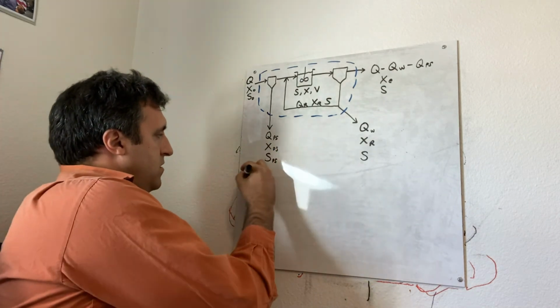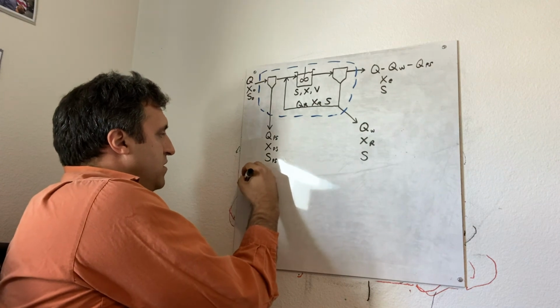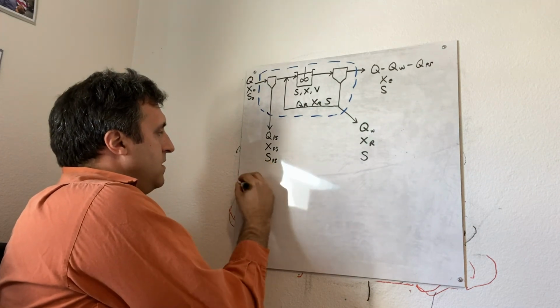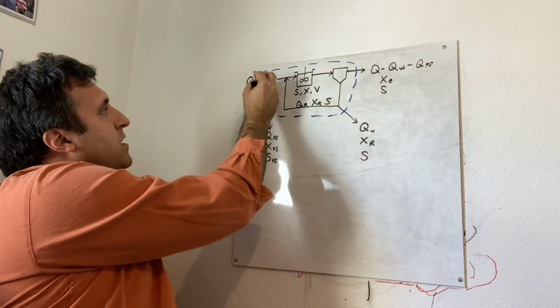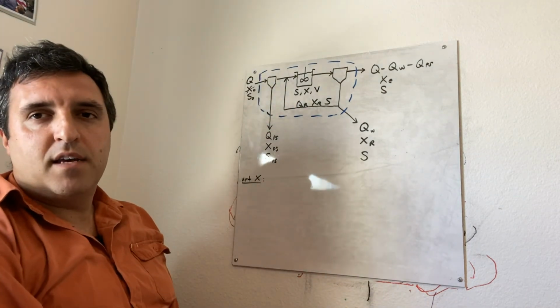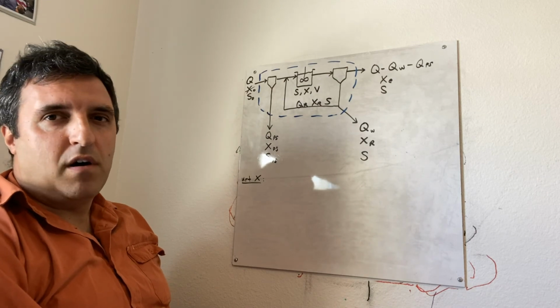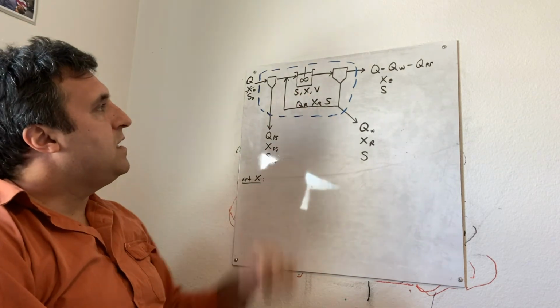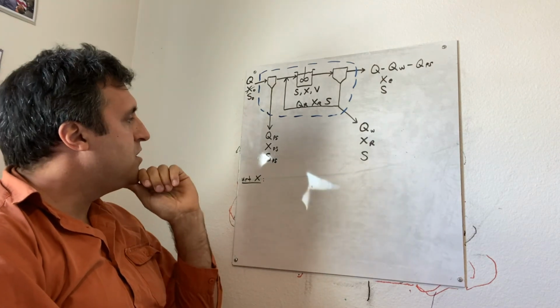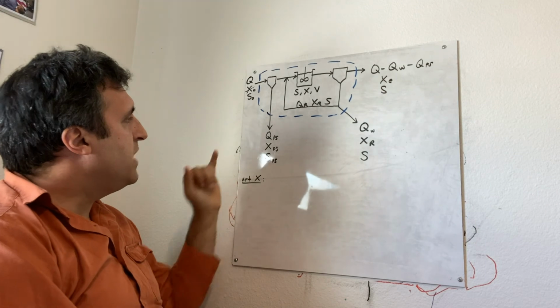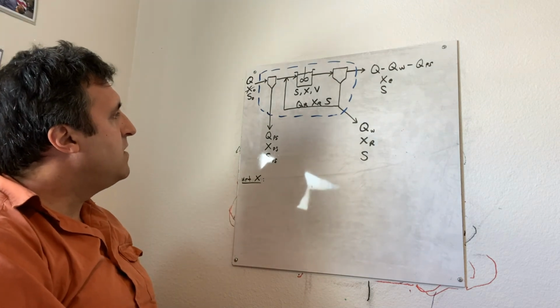Now, again, let's start with the mass balance with respect to X. So again, in the previous example, we ignored X naught because it's relatively small compared to the volatile suspended solids in the aeration tank and also in the sludge. So we can ignore that term, and that's going to be the case here as well.